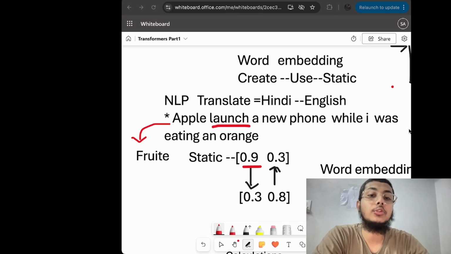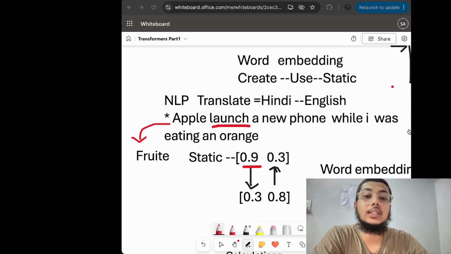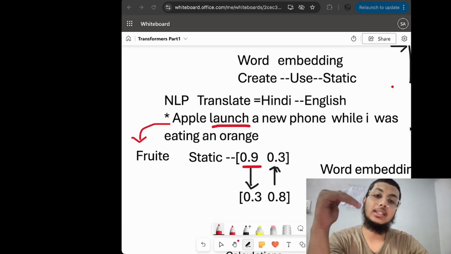Ideally you should have contextual embedding instead of static embedding. Contextual embedding means that these values change dynamically based on the context. In this sentence, as soon as we see that the word launch has come, the word phone has come, it should automatically increase the technology component and decrease the fruit and taste component.